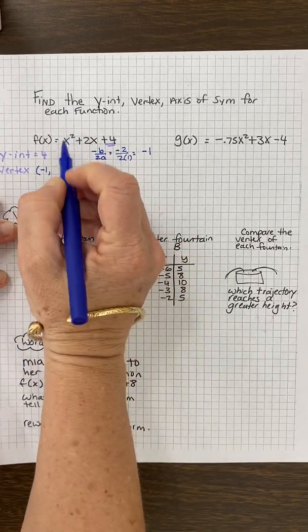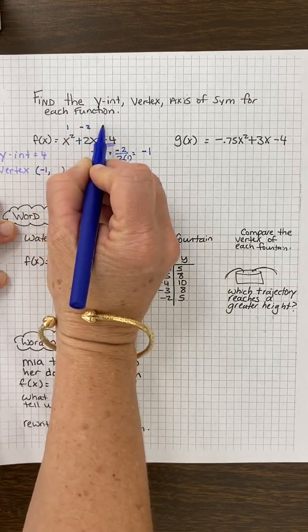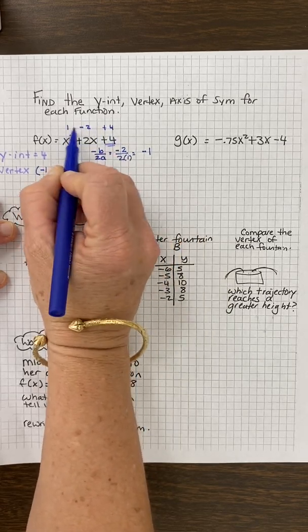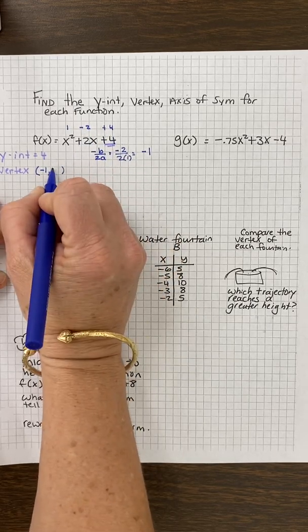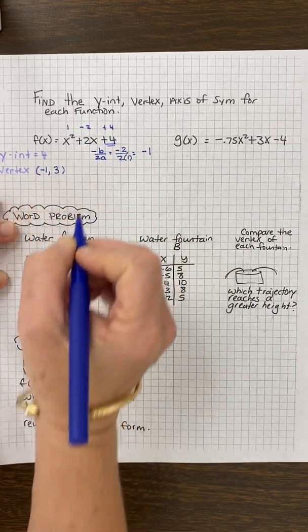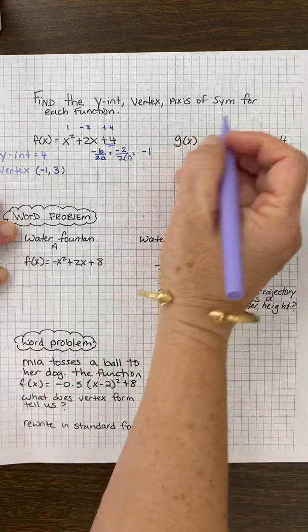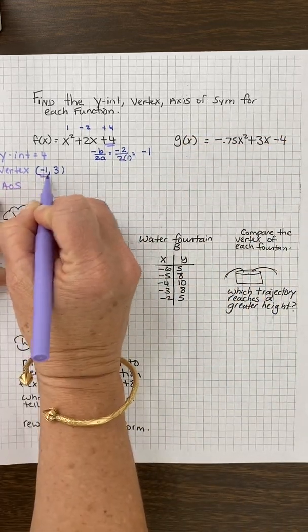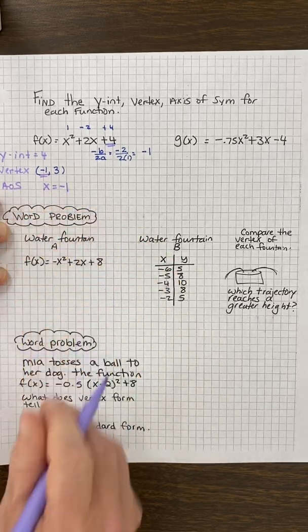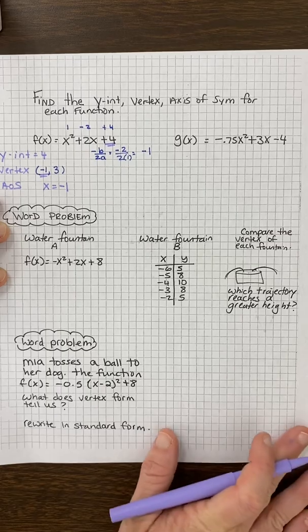Negative 1 squared is 1. Negative 1 times 2 is negative 2, plus 4. 1 minus 2 is negative 1. Negative 1 plus 4 is 3. All right, the axis of symmetry. The axis of symmetry is always the x value. And that's about it.